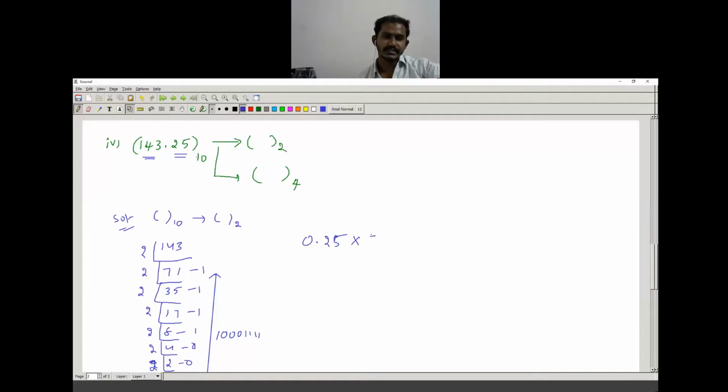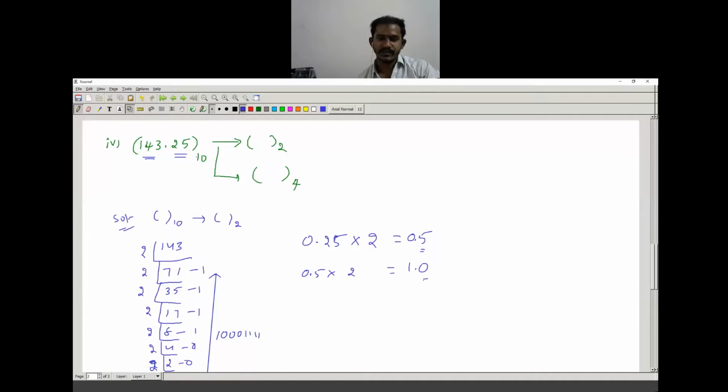So do the successive multiplication: 0.25 into 2, that is going to be 0.5. And again do the successive multiplication. Here the fraction part is 5, so do 0.5 into 2, that is going to be 1.0.